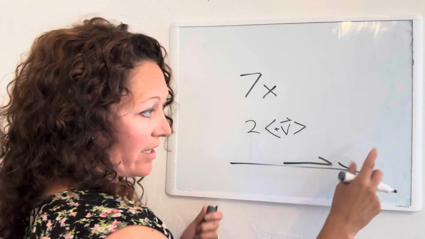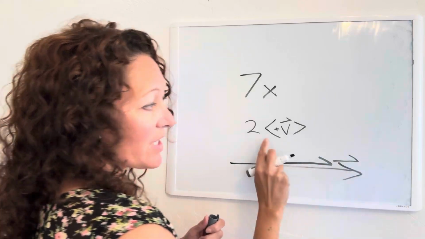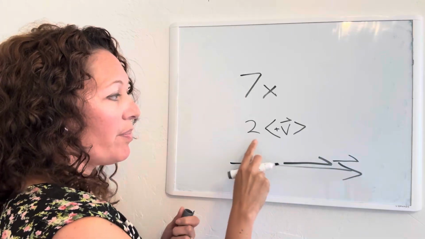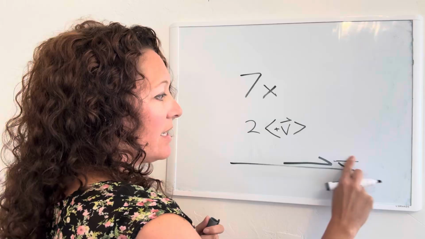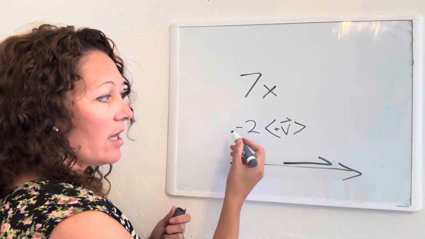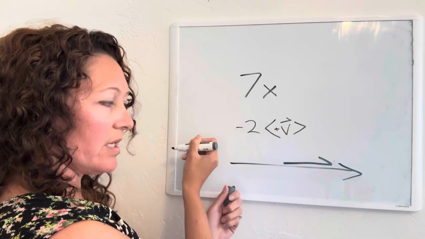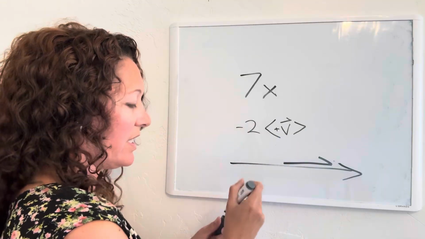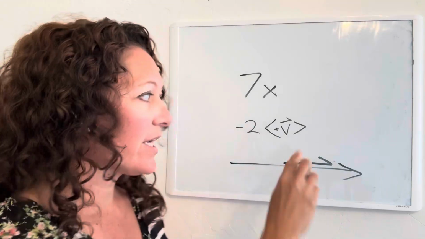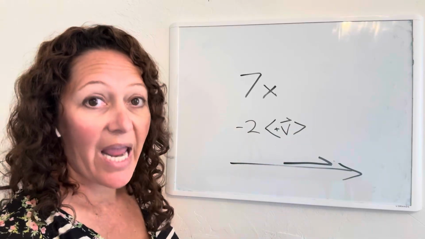So this scalar is saying, well, I'm doing 2 of these, and I'm continuing in the same direction. But if I made this a negative, the negative means my scalar is reversing the direction, and so it moves to the negative. So vector, as a reminder, is magnitude and direction.